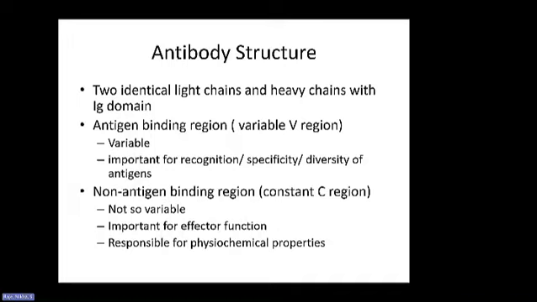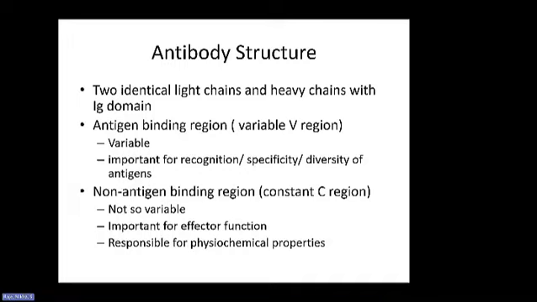But in general, these two identical light chains and two identical heavy chains together form two parts, variable region and constant region. The variable V region is also known as the antigen binding region, and the reason it's called the variable region is that the structure of it is pretty variable, but that variability is important for recognition and specificity, as well as the diversity of antigens that it can bind to.